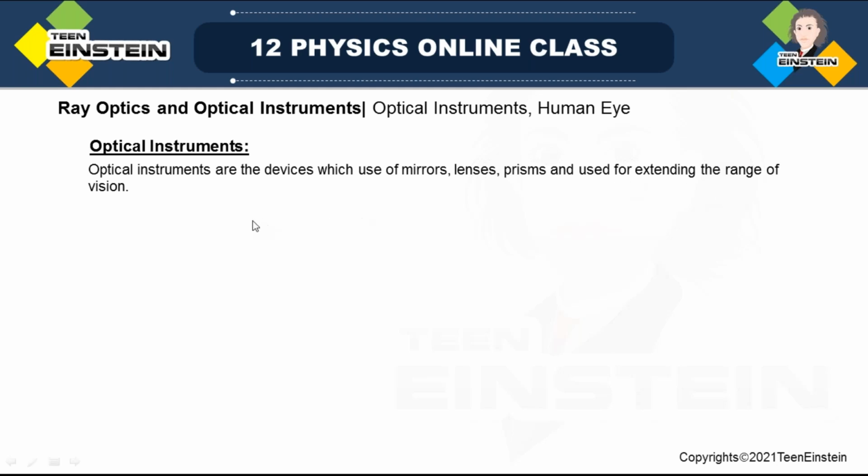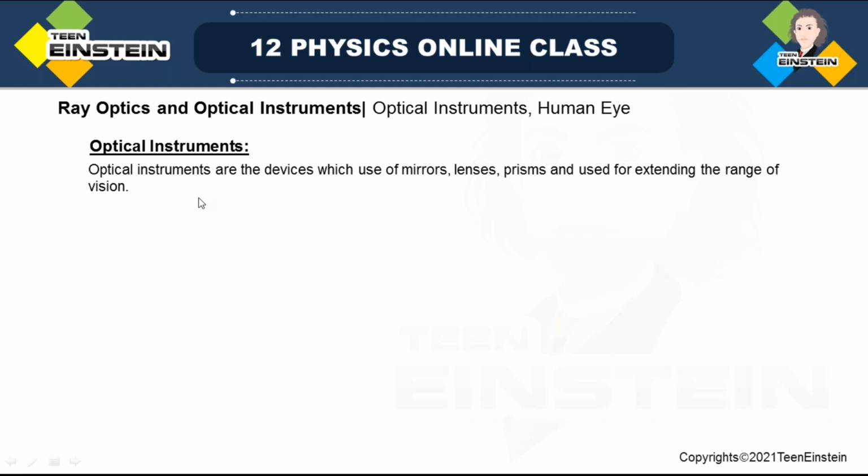To extend the range of vision of human eyes. Okay, so we'll see the range of human eyes is actually limited. We'll see that in the human eye part.